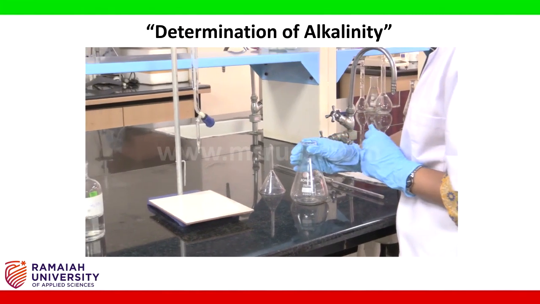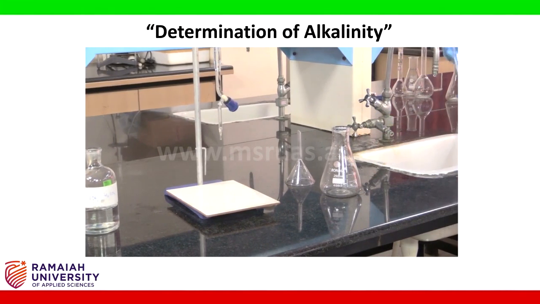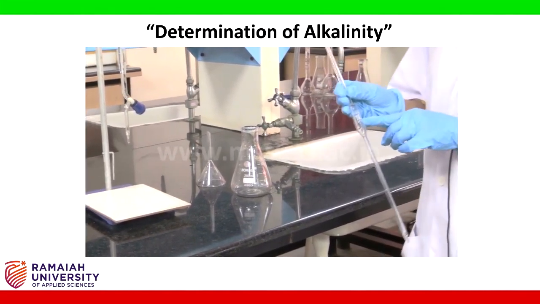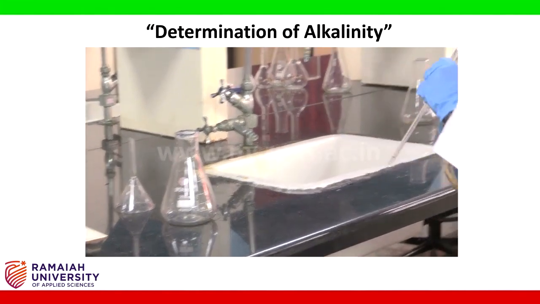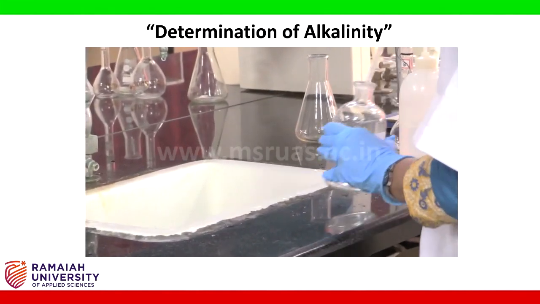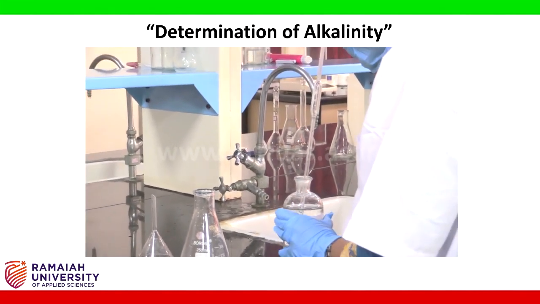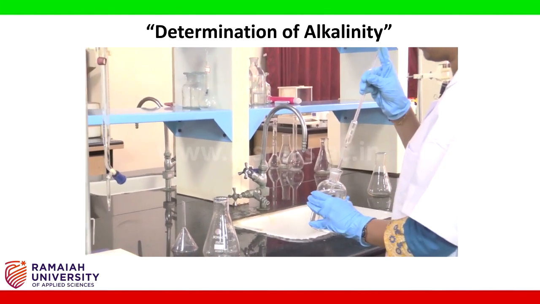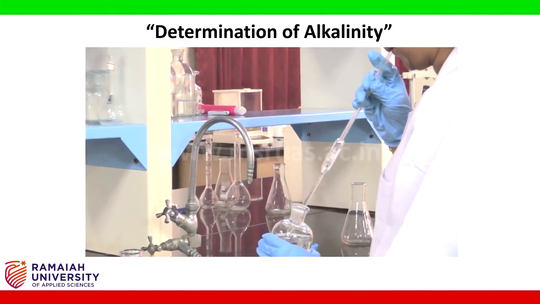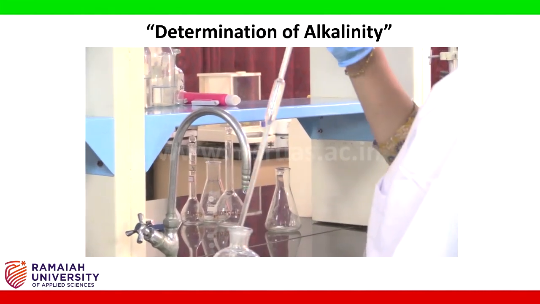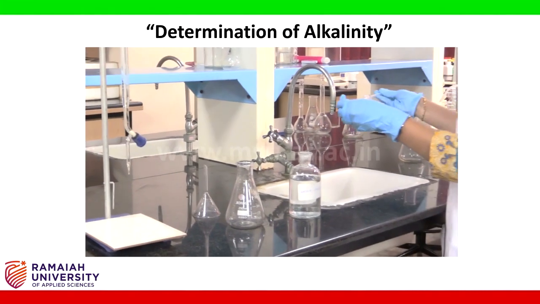So now it is rinsed with the water sample. Now we have to pipette out around 10 ml of water sample to the conical flask. Before that, I'll just rinse the pipette also with the water sample.